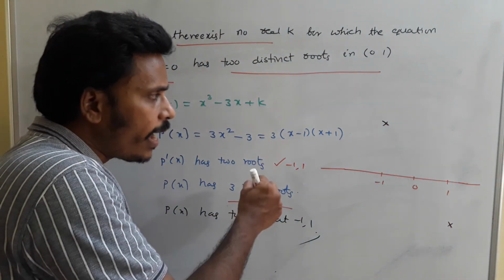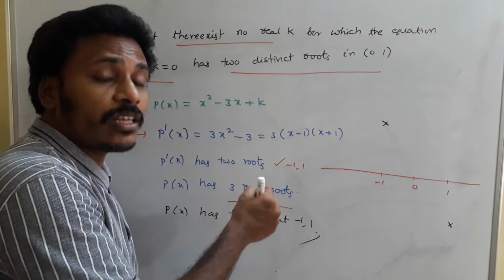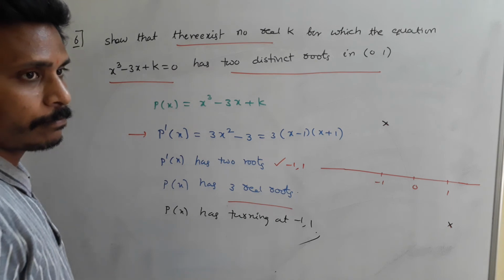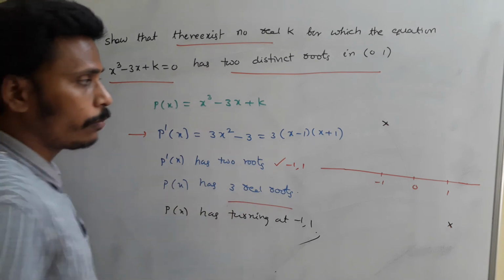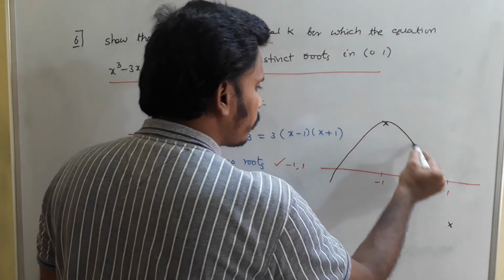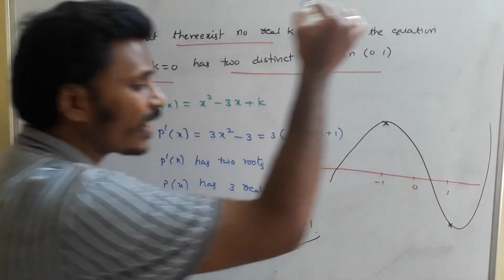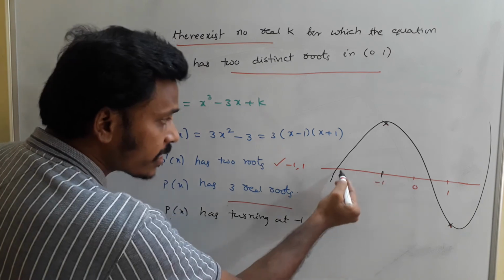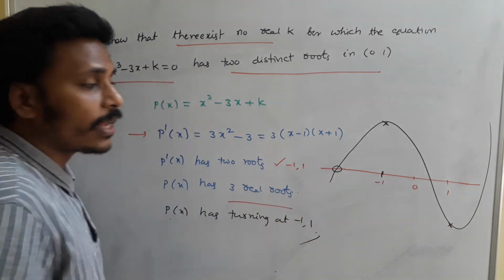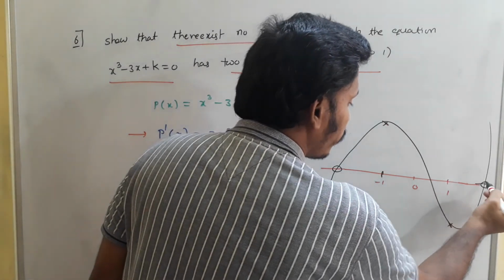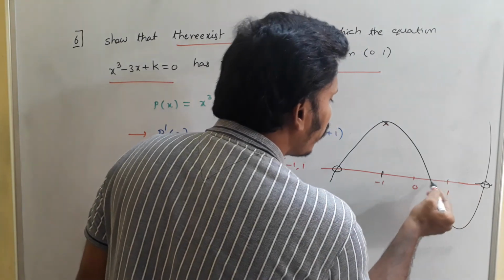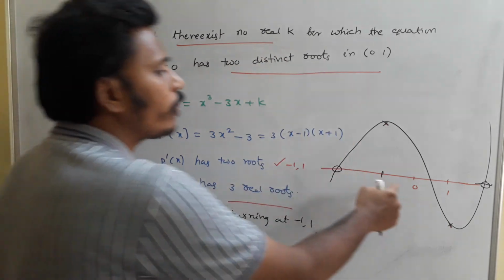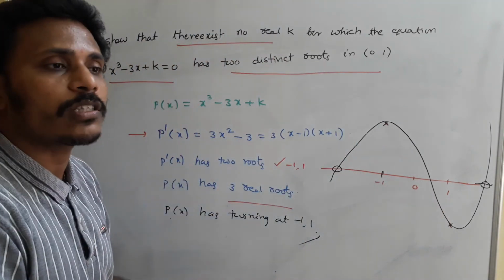To sketch the graph of the polynomial with turnings at -1, 1, having 3 roots, this is one possibility. If you sketch like that, one root for P of x exists less than -1, another root exists greater than this one, but in between 0 and 1, there is a possibility of only one root. Two distinct roots between 0 and 1 are not possible.